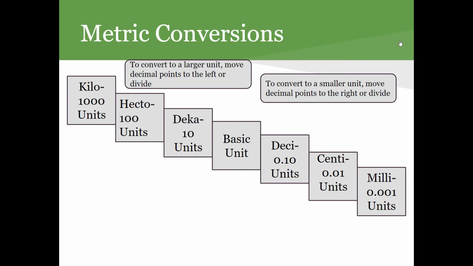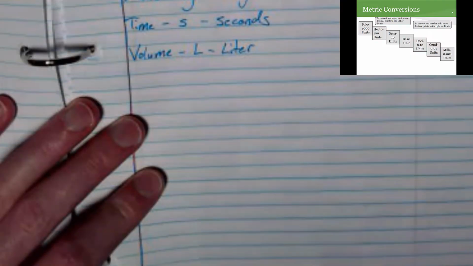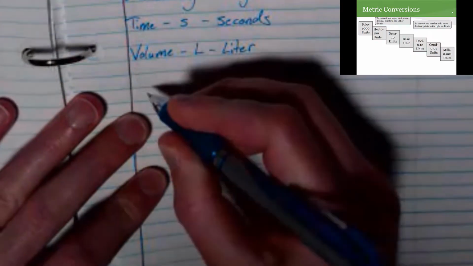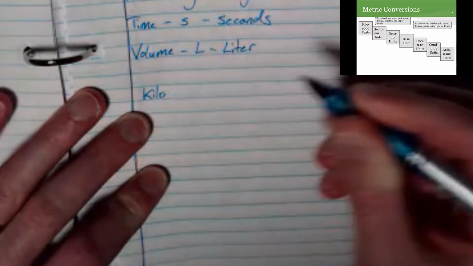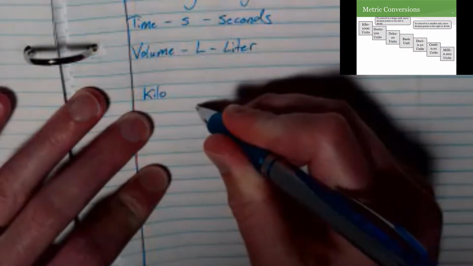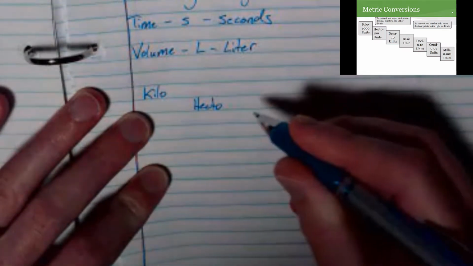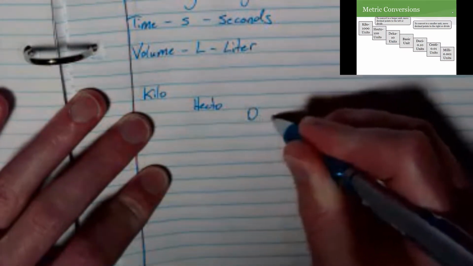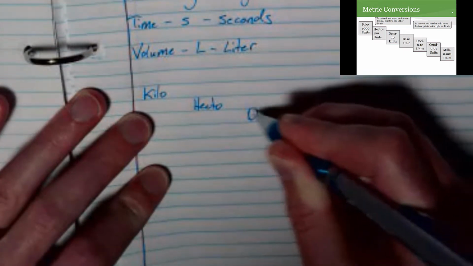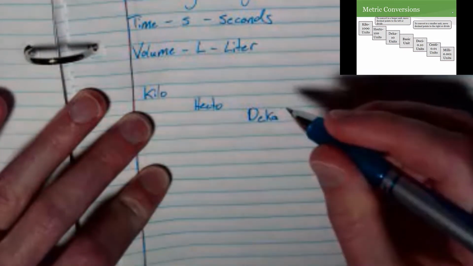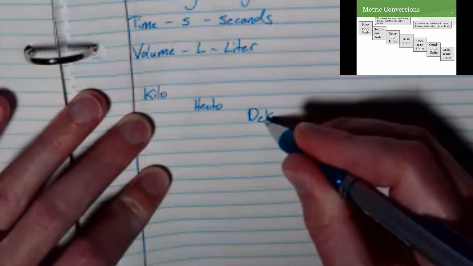So I'm going to make the boxes after I draw the words. So let's do kilo, put space, hecto, deca, it's a D. That's with a K also.